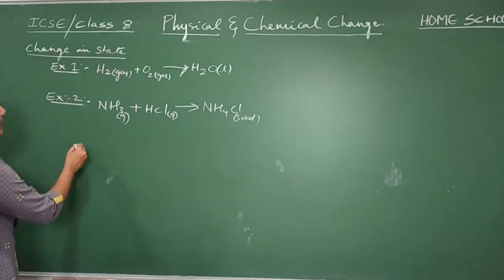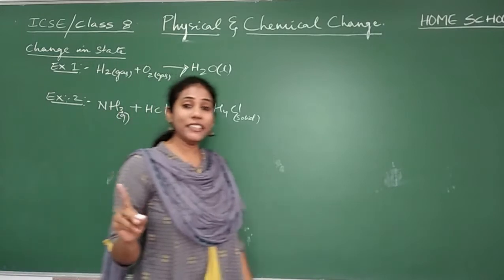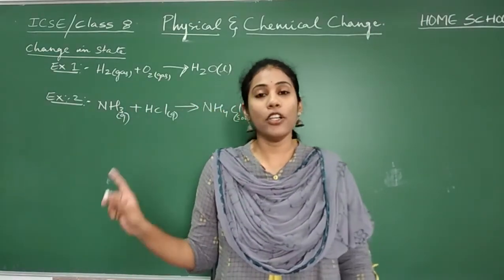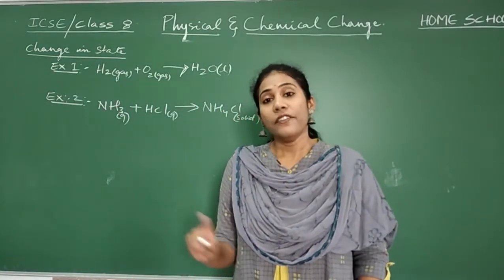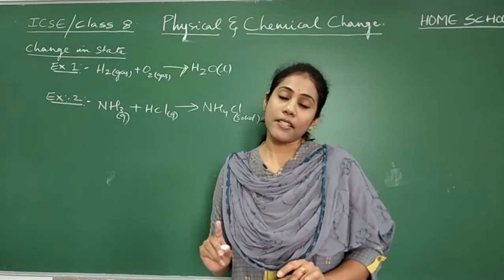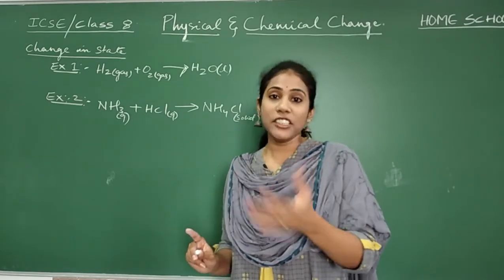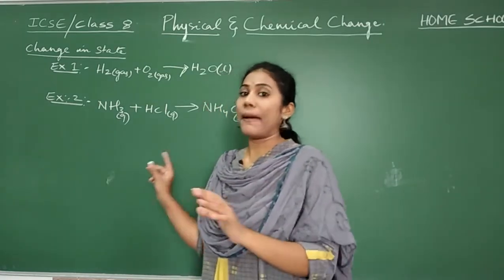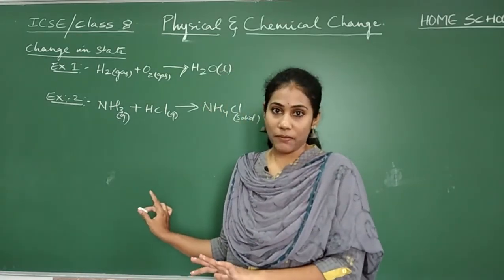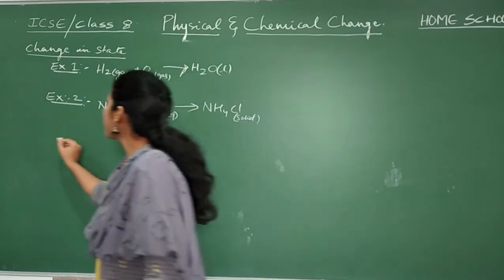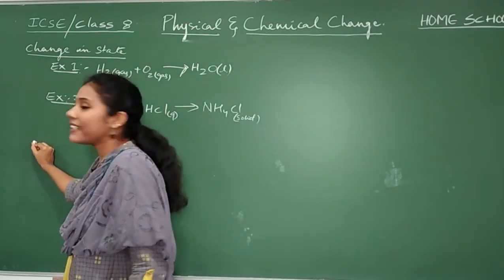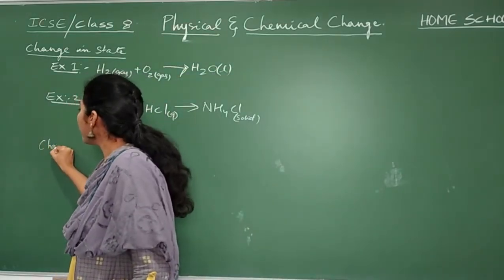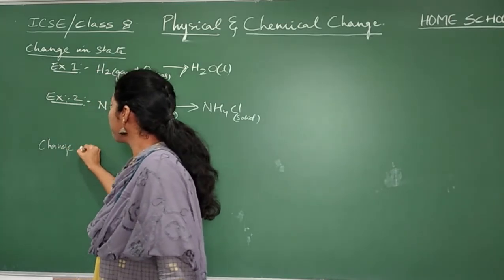And now we will study the change in temperature. I already told you in the last video, whenever a chemical reaction happens, you will observe a change in temperature. So let us speak about change in temperature, energy issues. The last and final characteristic is change in temperature.